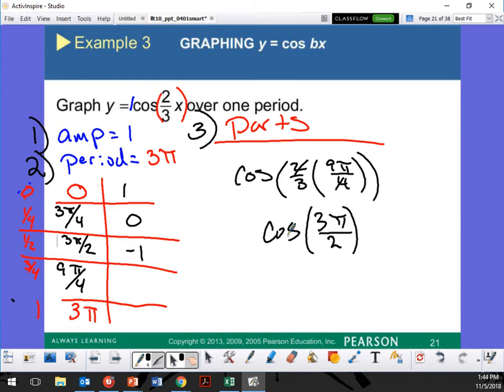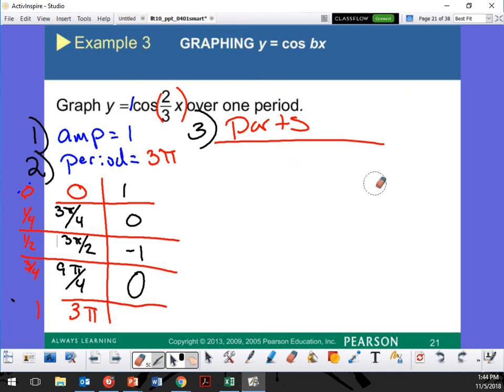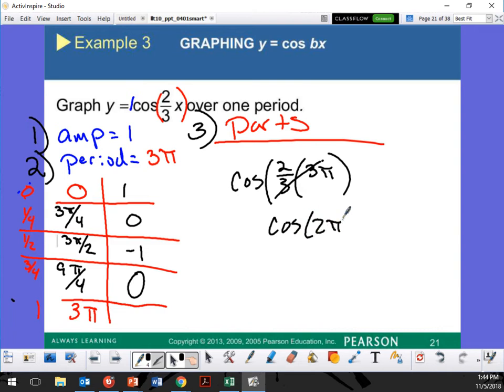Alright, last one. Cosine at 2/3 times 3π. What happens to my 3's? So it's basically going to be the cosine at 2π, and that is 1.